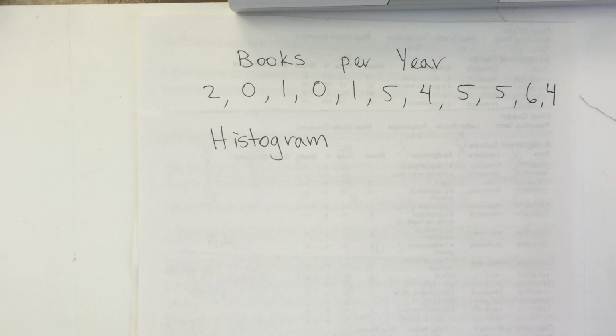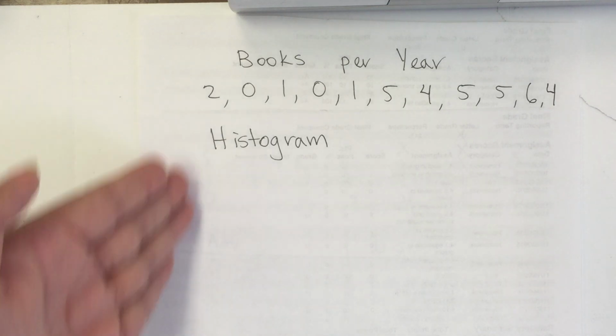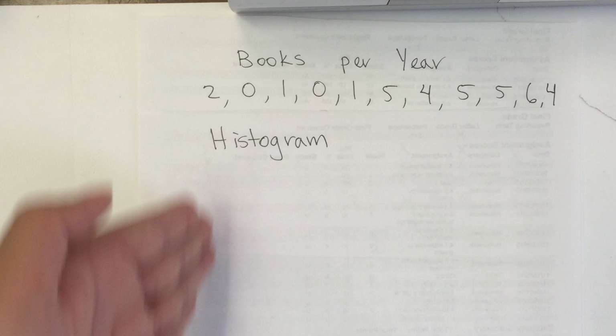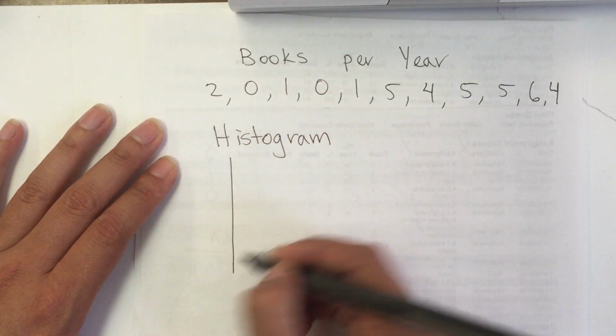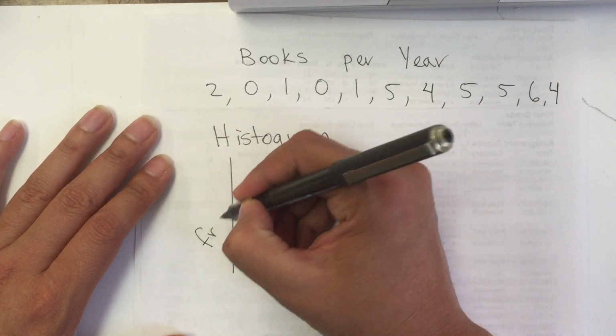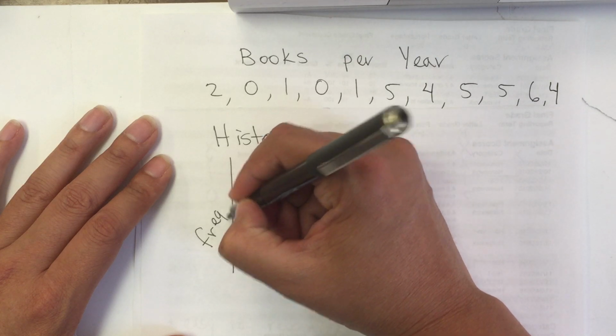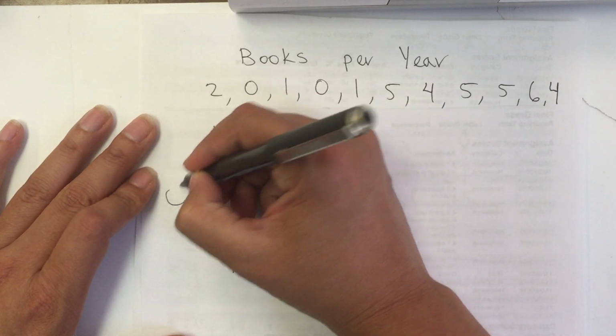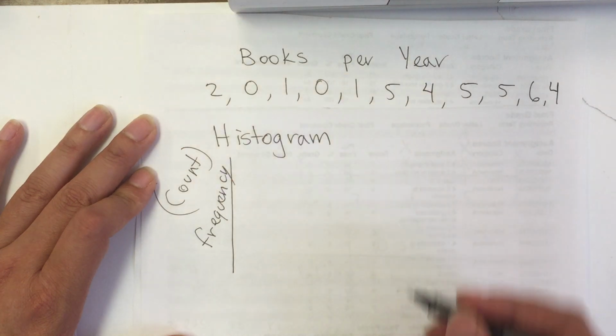As for the others, like the bar graphs, it just gives you data and it can vary on the y-axis. But in here, it will always be the frequency or count of something happening.